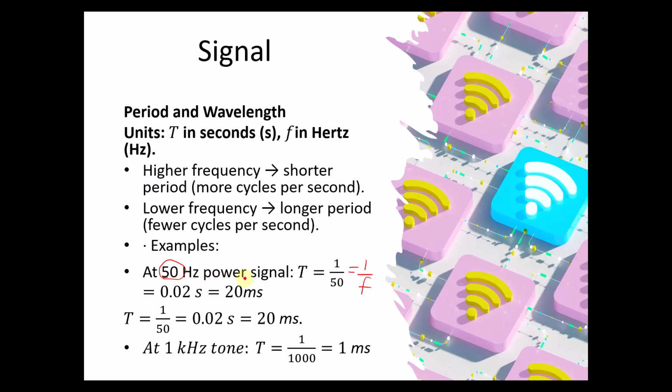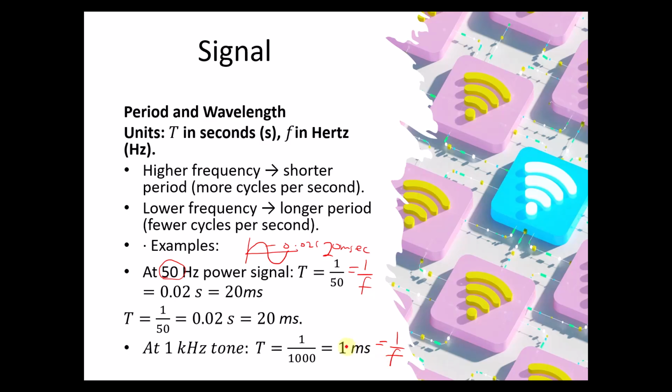So the period for this power signal to make one complete cycle, this is one complete cycle, is 0.02 second, or 20 milliseconds. And then another example here, at 1 kilohertz, the time T is equal to the same 1 over F, and the frequency here is 1 kilohertz, which is 1000.